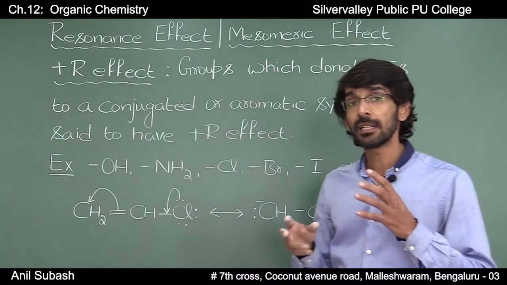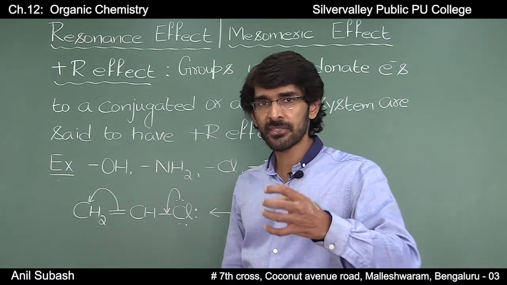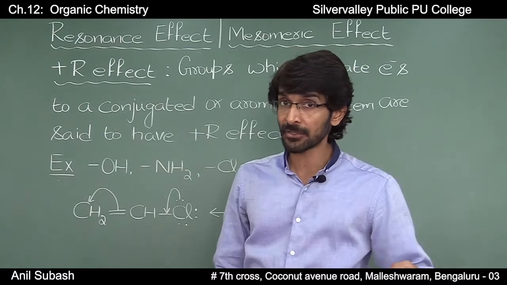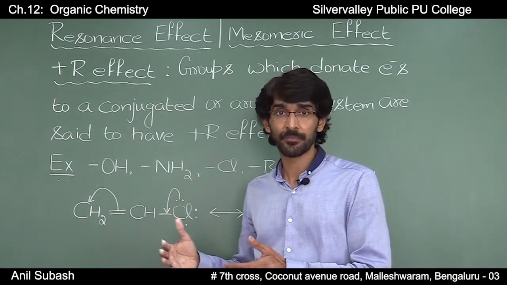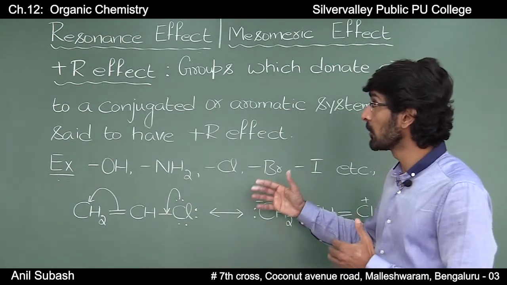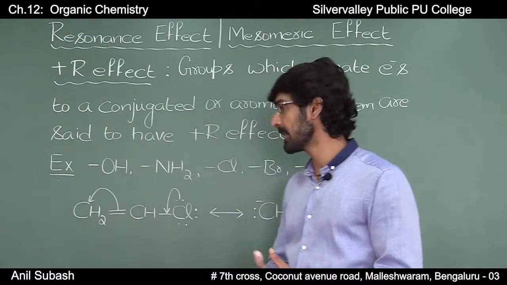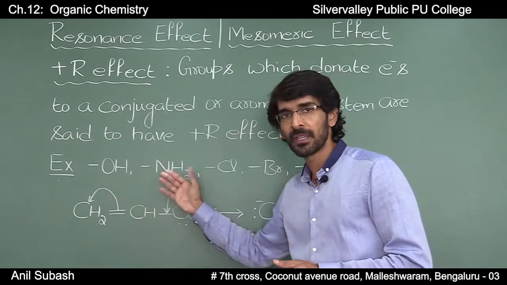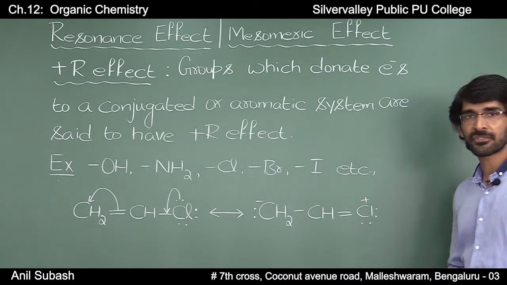That is, in the case of the plus R effect, the conjugated system will receive electrons from the groups to which they are attached. Some examples of the groups which donate electrons or which exhibit plus R effects are OH, NH2, Cl, Br, I, etc.